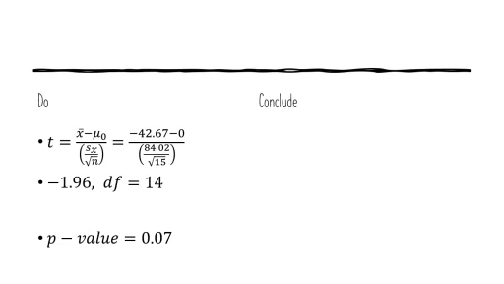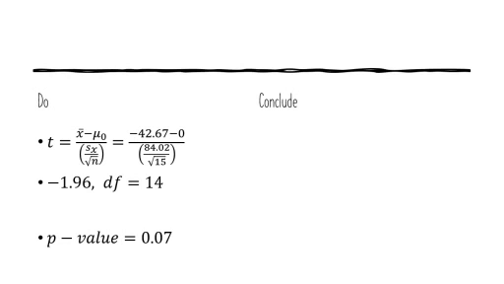The degrees of freedom is 14, because remember it's one less, and then we want to find our p-value. Our p-value, which you would take if you used your calculator, tcdf of negative 1E99, comma, negative 1.96, comma 14.